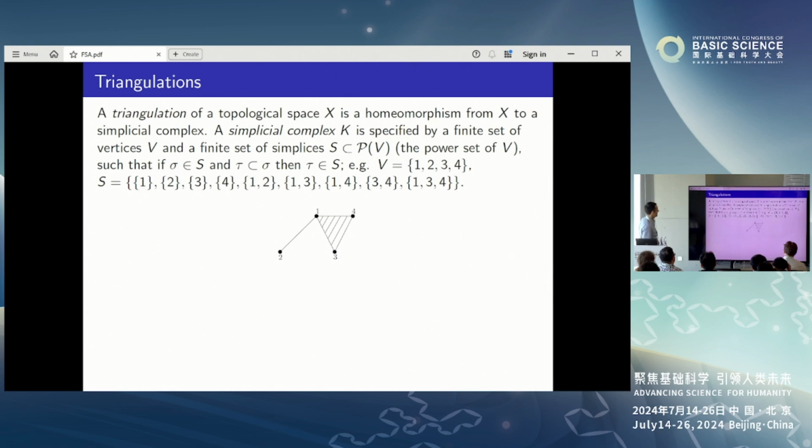So for example, here is such a collection of subsets of 1, 2, 3, 4. Every vertex gives us a point, and then we have an edge whenever we have a 2-element subset, and a triangle whenever we have a 3-element subset, and then you can build tetrahedra and so on. So that's a simplicial complex.